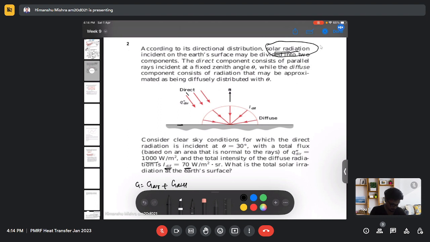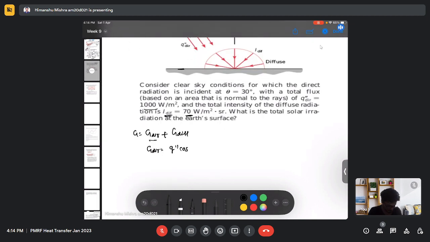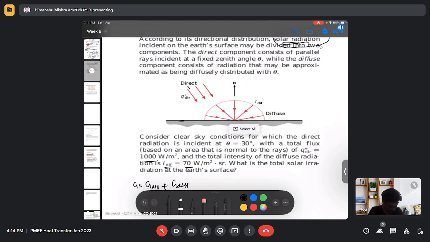Since we have two natures, direct and diffusive, the irradiation comprises one part due to the direct nature and one part due to the diffusive nature. Now we are given the unit vector n, so we can measure our angle from vector n, which is 30 degrees.